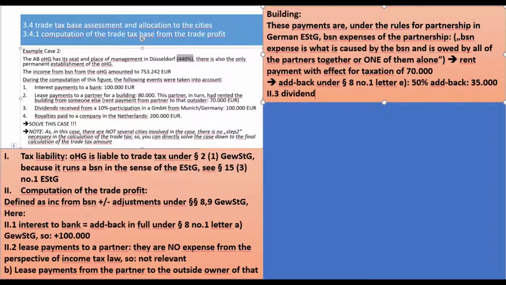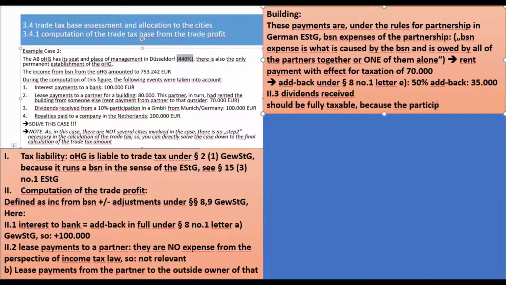2.3 dividends received. Now the question is again, dividends, you remember that they are either fully taxable under trade tax or fully exempted. These here should be fully taxable because the participation is lower than 15%.